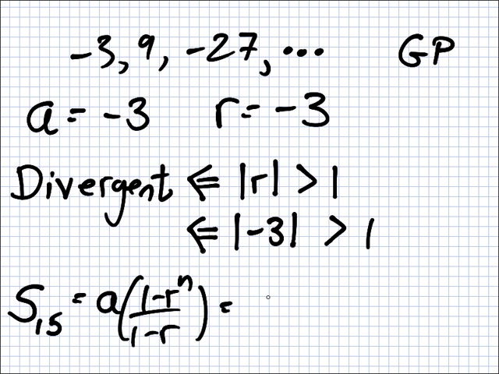That will be minus 3 times 1 minus... Now, please, when you're typing this in, be careful with the brackets. 1 minus bracket minus 3 to the power 15. Here you can put plus, 1 plus 3 to the 15, negative and negative, positive. Yeah, only because it's a 15 here. If it was a 16, you couldn't.